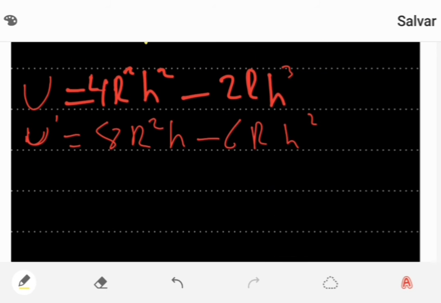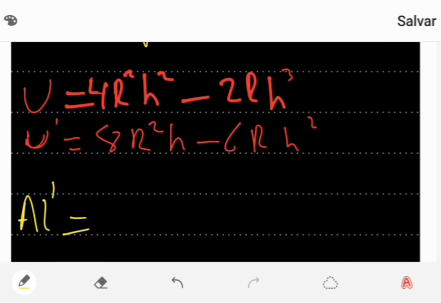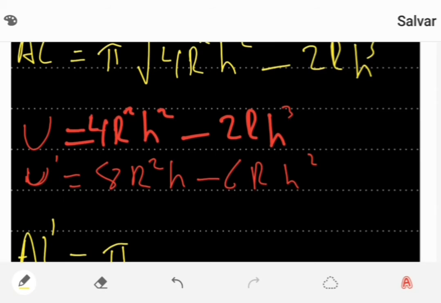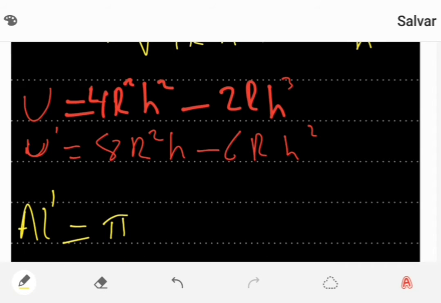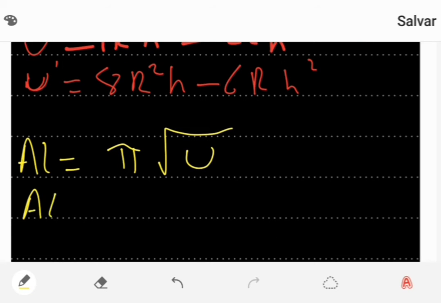So A L prime is equal to pi. Now remember, we had A L equal to pi square root of U. So A L prime is equal to pi multiplied by 1/2 multiplied by U to the minus 1/2.